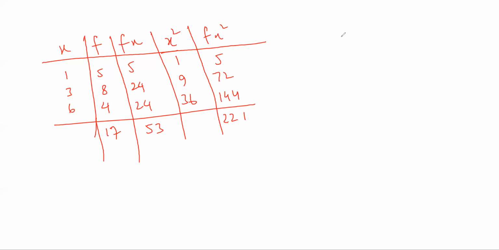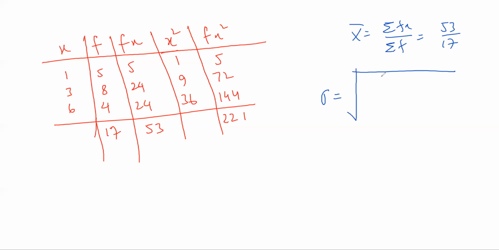Now, if you have to find the mean, you know that the mean is simply sigma fx over sigma f. So that is 53 over 17. And if you want to find the standard deviation, you better use this formula. There's less working in it. If you want to use the other formula where you have to find those deviations, that takes a lot of time.